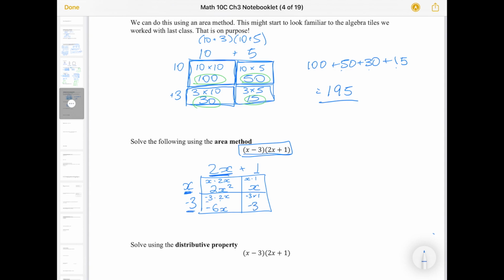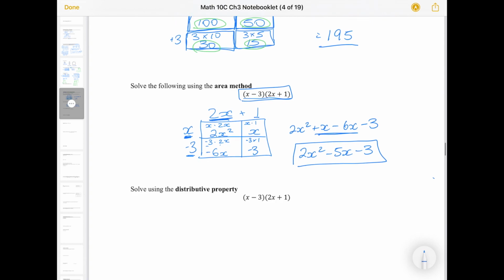And now I add these all together. 2x squared plus x minus 6x minus 3. And I can combine these like terms. So I have 2x squared minus 5x minus 3. And that would be my expanded answer after I do my binomial multiplication.